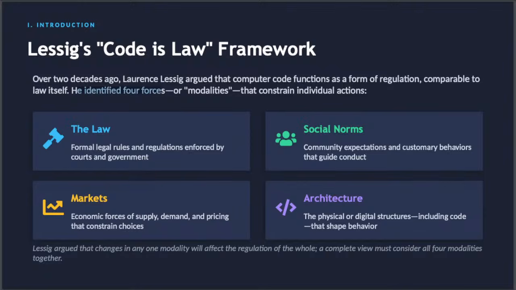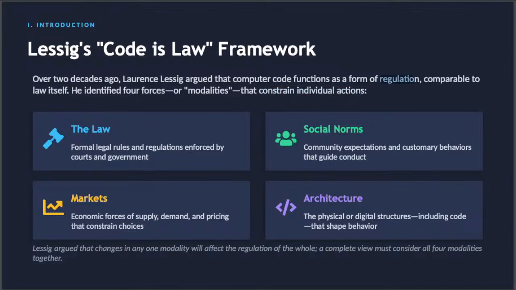He identified 4 forces or modalities that constrain individual actions. So let's break this down real quick here. We have 4 forces or 4 modalities, 4 different modes that constrain individual actions.